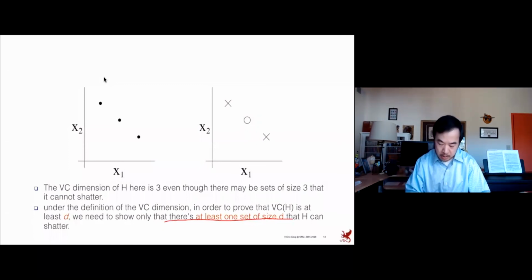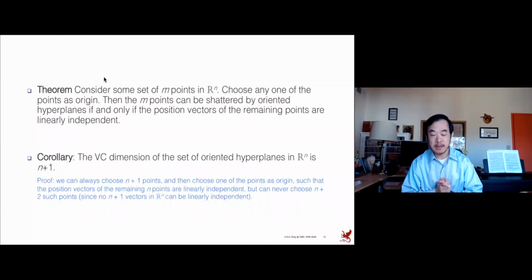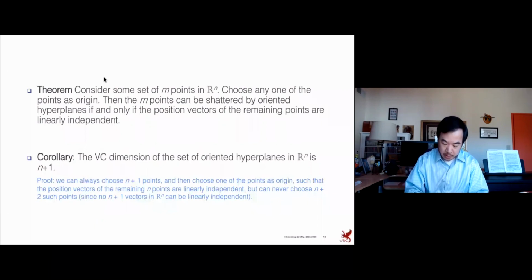All right, so that allows us to now start proving some good theorems. For example, one of the theorems says that if we consider the set of m points in our n-dimensional real space, and we can choose any of the points to be the origin, then you can prove that the rest of the m points can be shattered by an oriented hyperplane if and only if the other point vectors are linearly independent of each other.